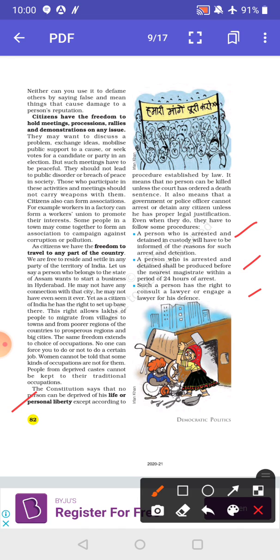So firstly, they cannot be arrested without a legal notice, and cannot be given a death sentence until it is declared by the court. And if he or she is arrested, then these following things have to be followed. So these procedures give the person a complete right of life and personal liberty, and this cannot be taken by any other person.